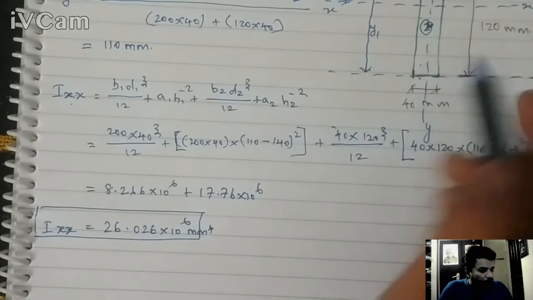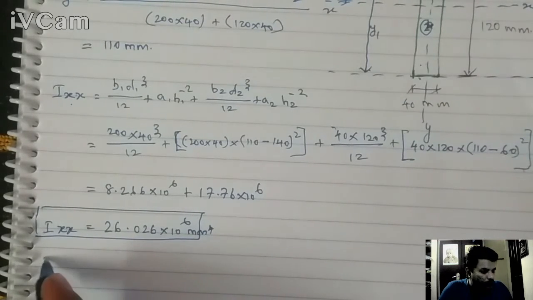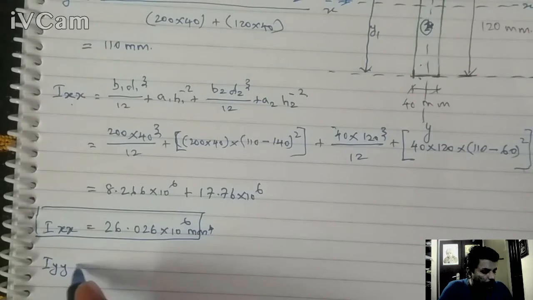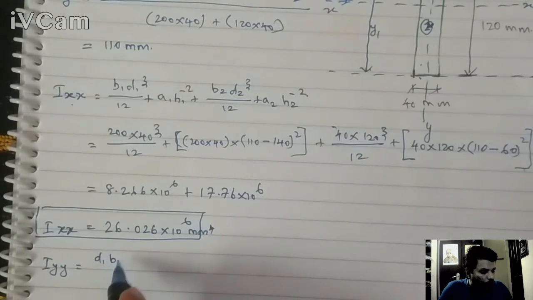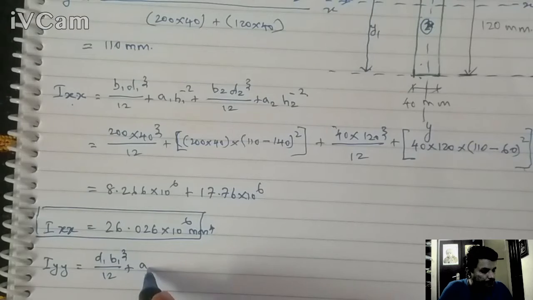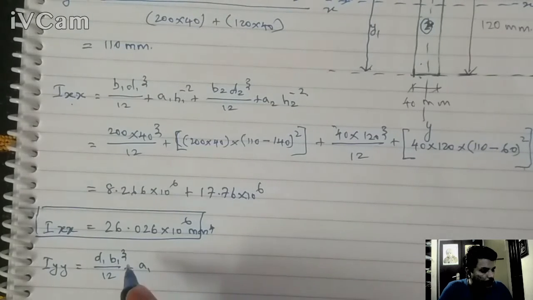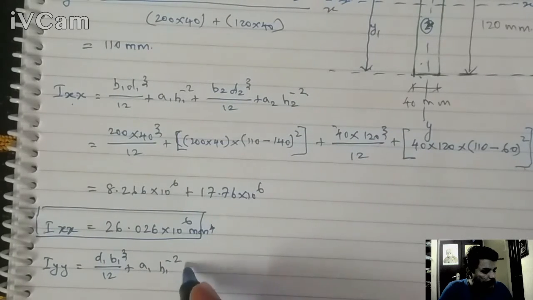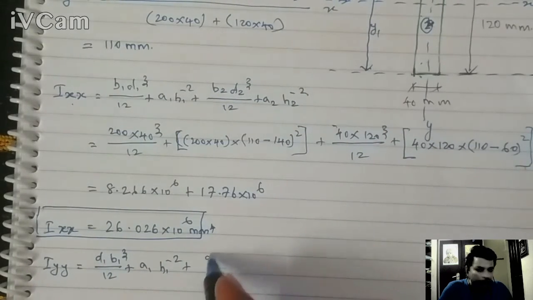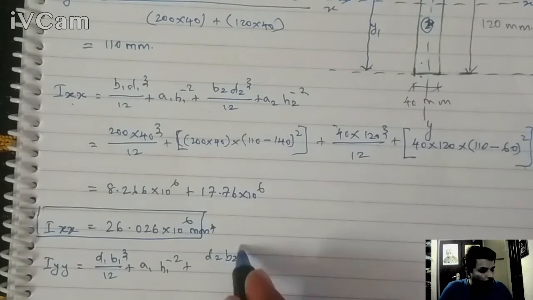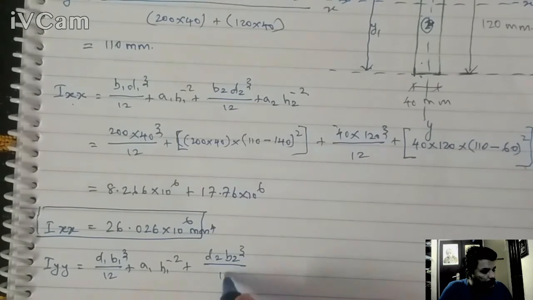Okay. Similarly, Iyy equal to D1 B1 cube divided by 12 plus A1 into, I can write directly, A1 into H1 bar square plus D2 B2 cube divided by 12 plus A2 into H2 bar square.